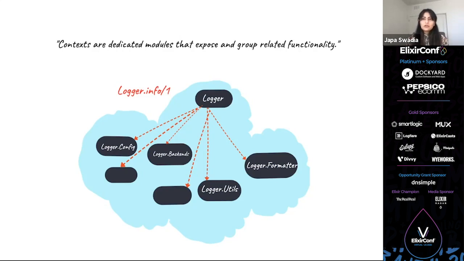If you were to go look under the hood, it's actually made up of a bunch of different modules. But the way they have the Logger context, it really makes for a clean boundary. And it also makes it reusable, because now if you want to add more functionality to Logger, you can easily add it and then expose it using the Logger context.